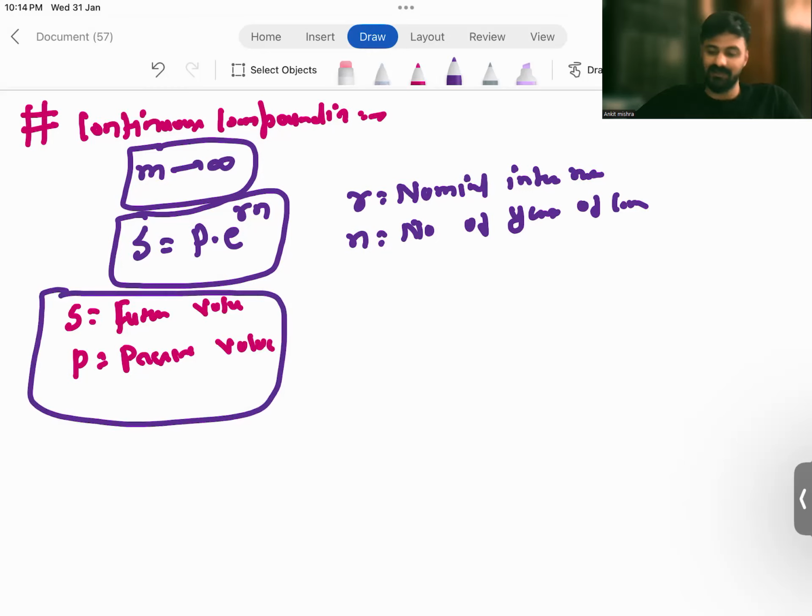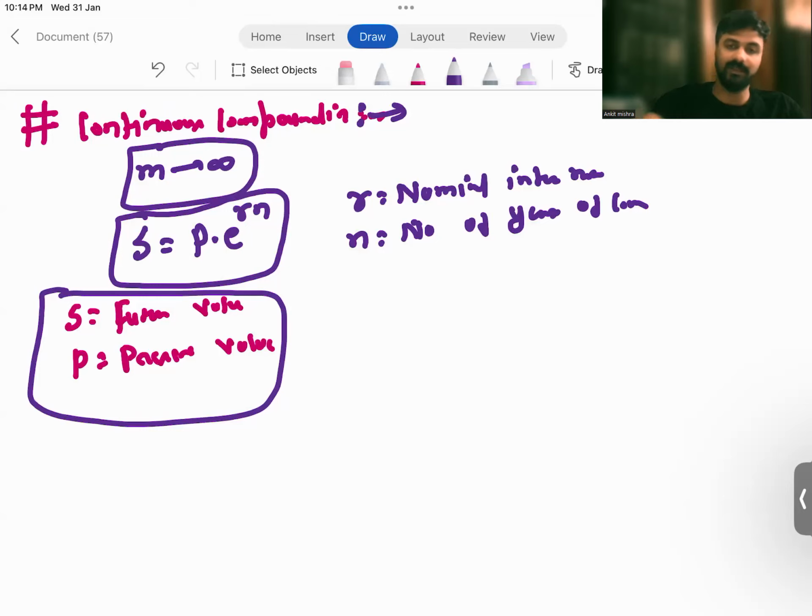So this is how this particular thing works, and you can calculate this when these things have been compounded continuously. So this was the concept all about effective interest rate, compound interest rate and continuous compounding.